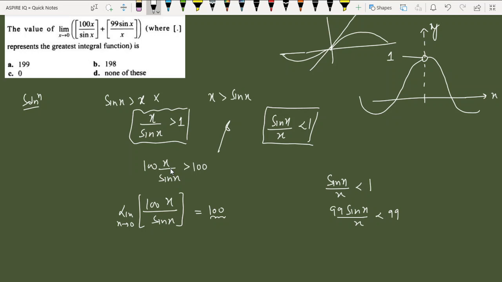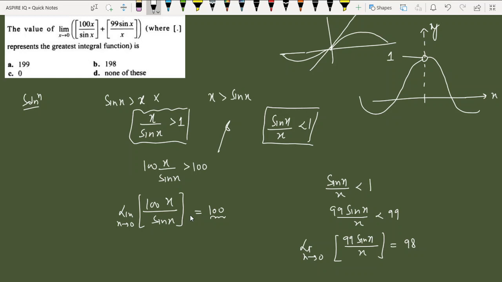So the greatest integer part of this for limit x tends to 0 will be 98, since this is less than 99, like 98.99. And the first expression is slightly greater than 100, not 200, like 100.2, 100.3.